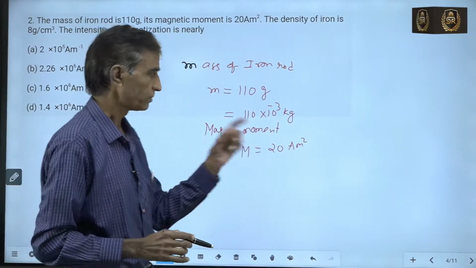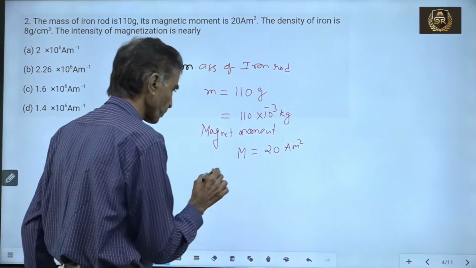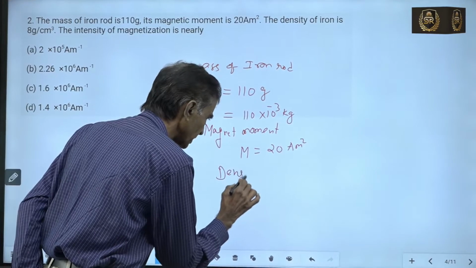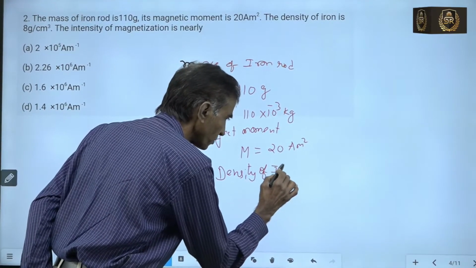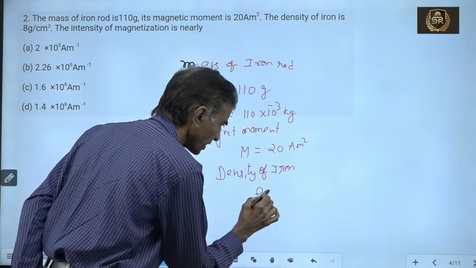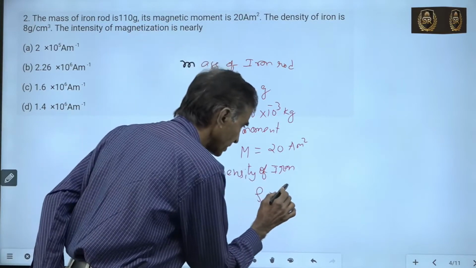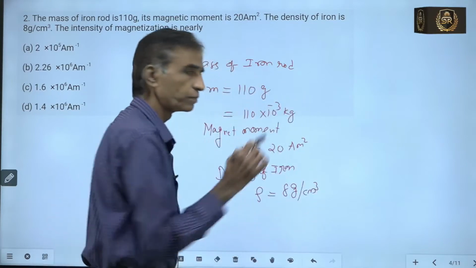It is in SI only. Next, density of iron. Density of iron, you may use rho or D also. Sometimes we use D also. 8 gram per centimeter cube.